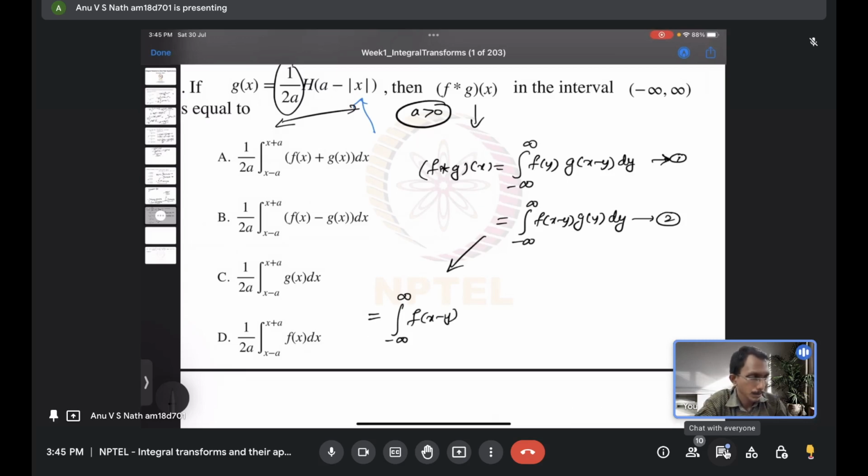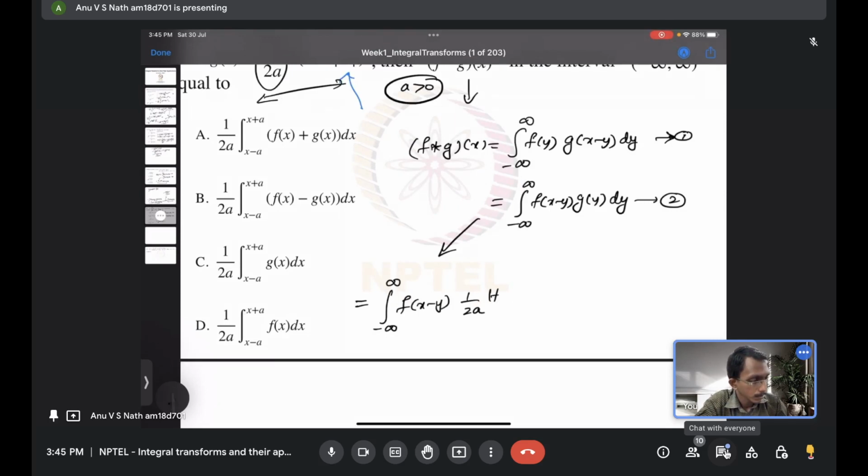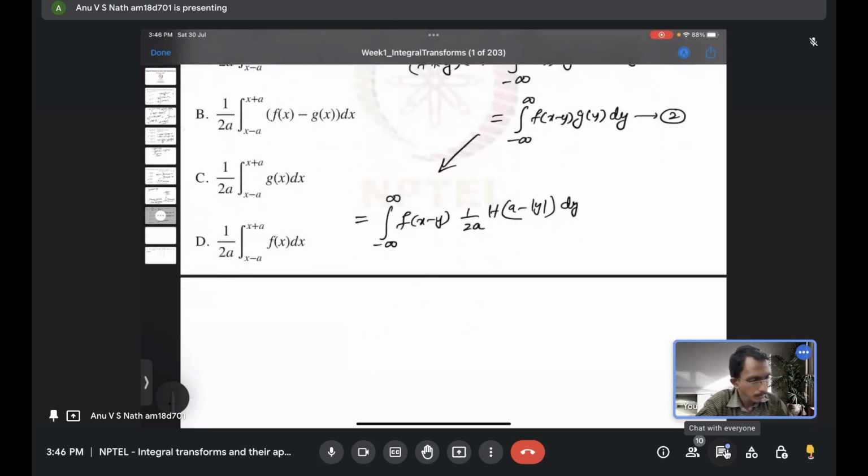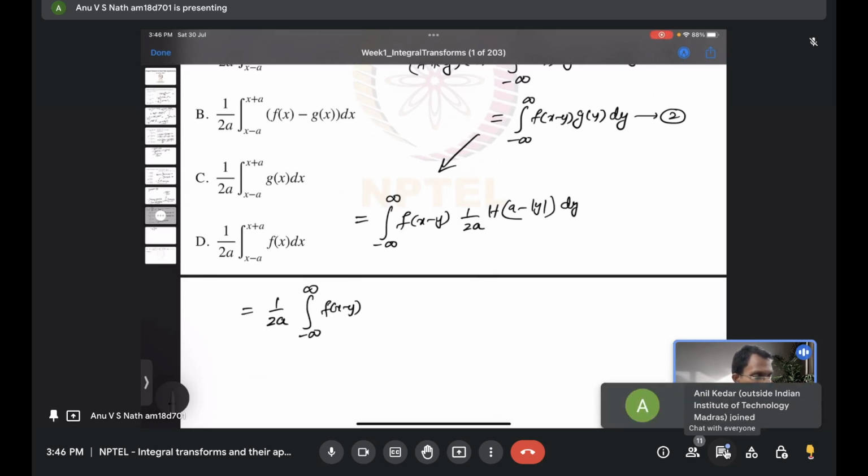And g of y I can write as 1 by 2a times h of a minus mod y, then dy. The 1 by 2a is a constant, which I can take outside, then the integral from minus infinity to plus infinity of f of x minus y into h of a minus mod y dy.